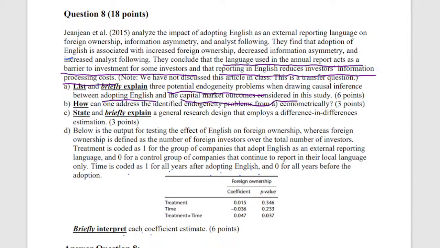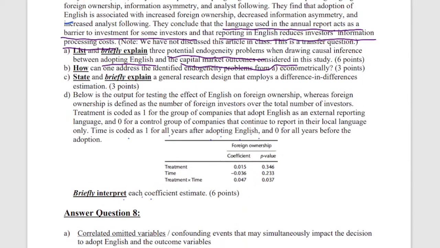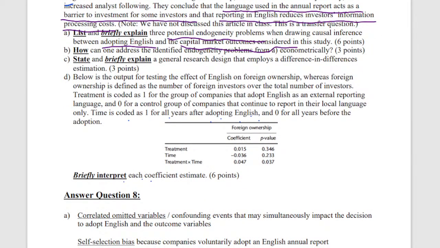So the answer for this first question is three endogeneity problems. First of all, the endogeneity problem can arise due to an omitted variable, which is a relevant variable. That is known as omitted variable bias.